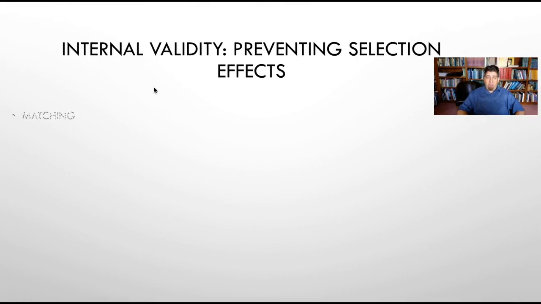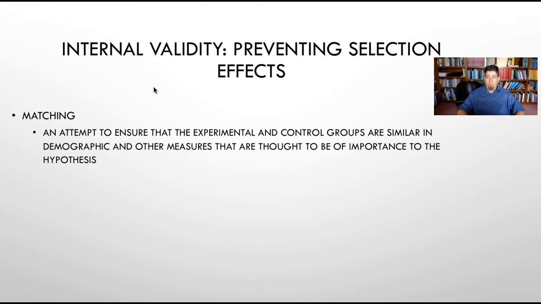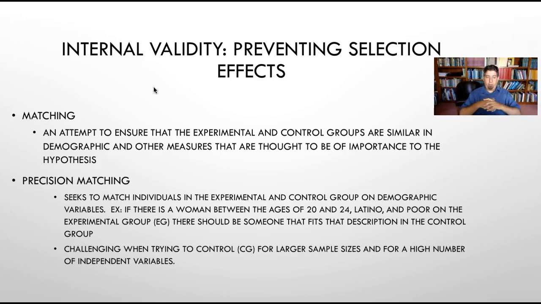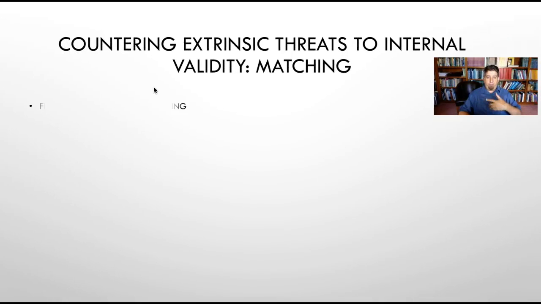Now, how do we prevent that? Well, we can do that through matching, and that is a way that we attempt to ensure that these groups, the experimental and control groups, are similar in the demographic and other measures. And we have two ways of doing this, which you'll be able to read through: precision matching and the other form of matching, frequency distribution matching.